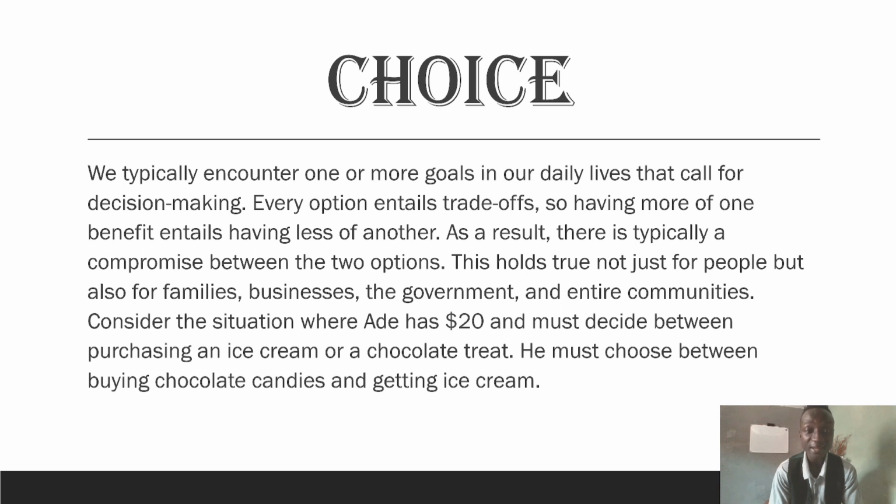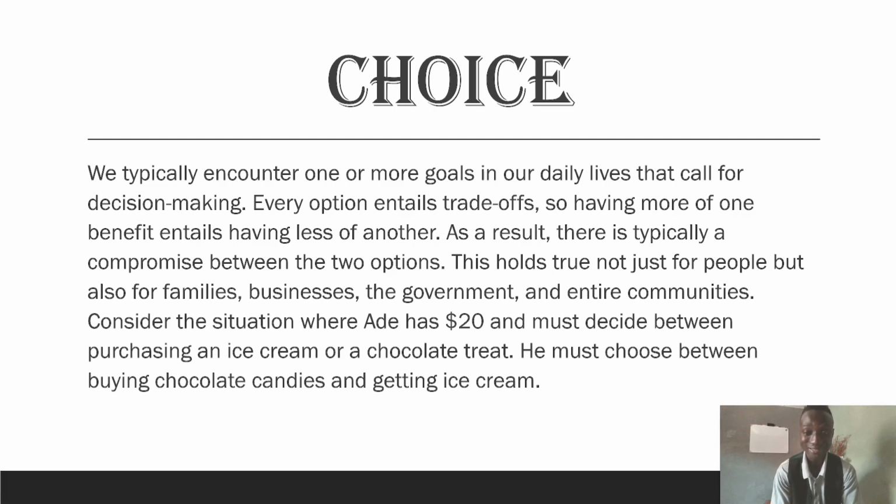Now, it says, as a result, there is typically a compromise between two things. Let's not forget, I used an example of a compromise between going to work and not going to work. But subsequently, we'll get a better understanding of this explanation. This holds true not just for people, but also for families, businesses, the government, and the entire community.